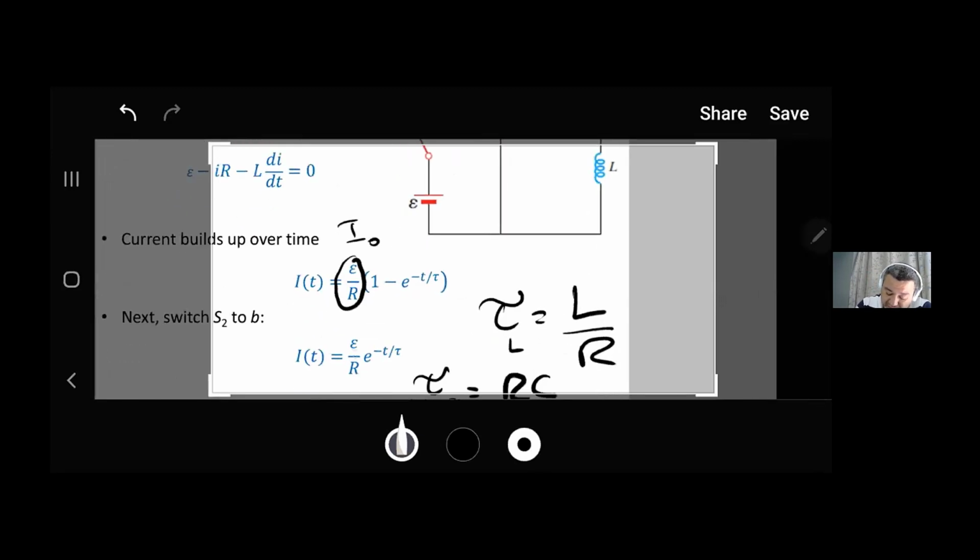And this is also the current that I'm starting from and then decreasing exponentially.